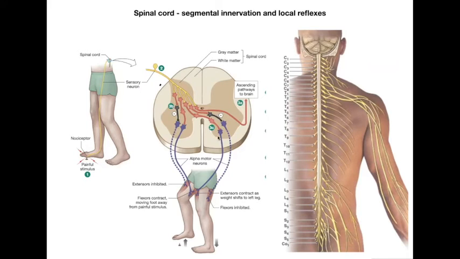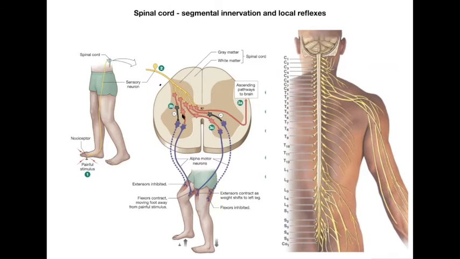And the integration that they were doing was also pretty local. If you had some kind of stimulus in your foot that required a reflex action, it would go into a very local segment of your spinal cord down here that took information from that foot and had the motor neurons that were controlling the muscles around the leg.